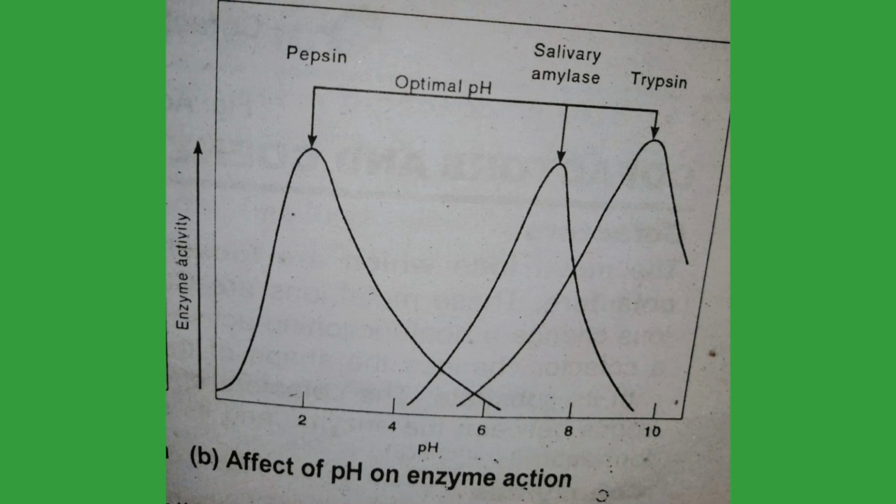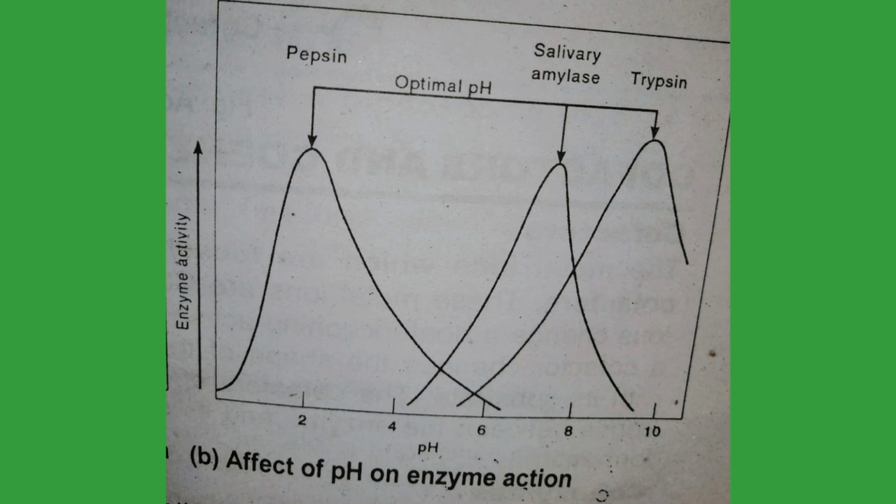For example, the optimum pH of some important enzymes: pepsin has a pH of 2, which is a very strong acid. Amylase has a pH of 6.80, which is near neutral. Sucrase is 4.50.